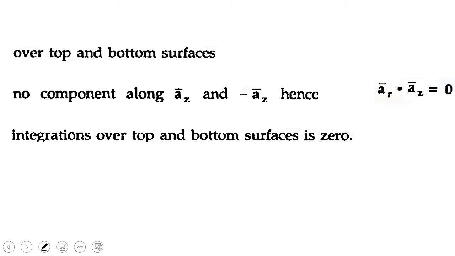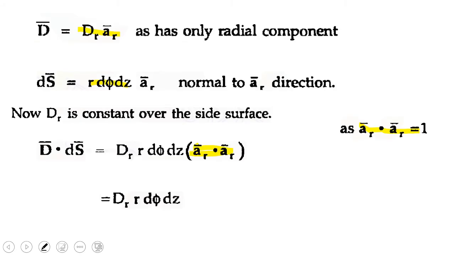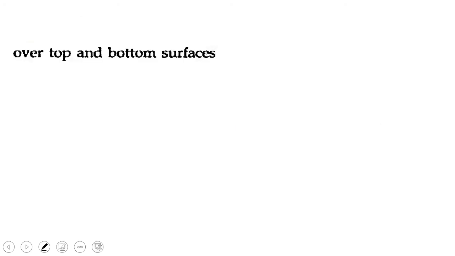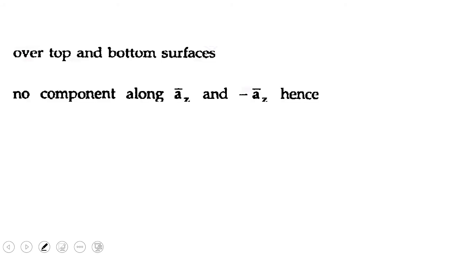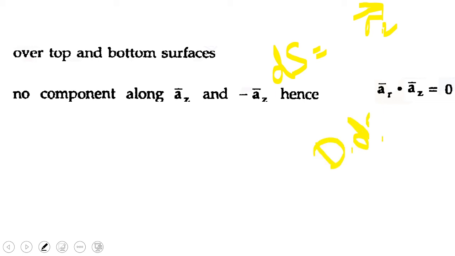If you get back to the side, here D is D_r a_r vector, and dS is r dφ dz. With respect to top and bottom, your dS will be along the a_z vector. So when you take D dot dS, you multiply a_r with a_z.